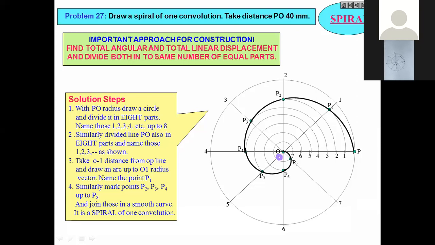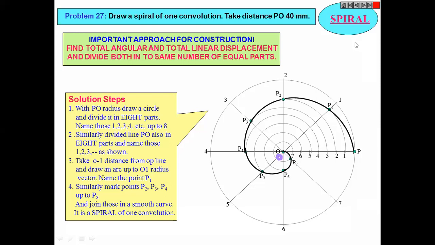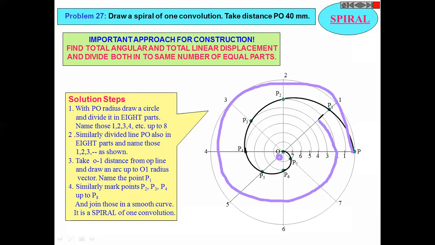This is one convolution only. I will show you on screen. What is two convolution by means? See, like something like this. One, two.